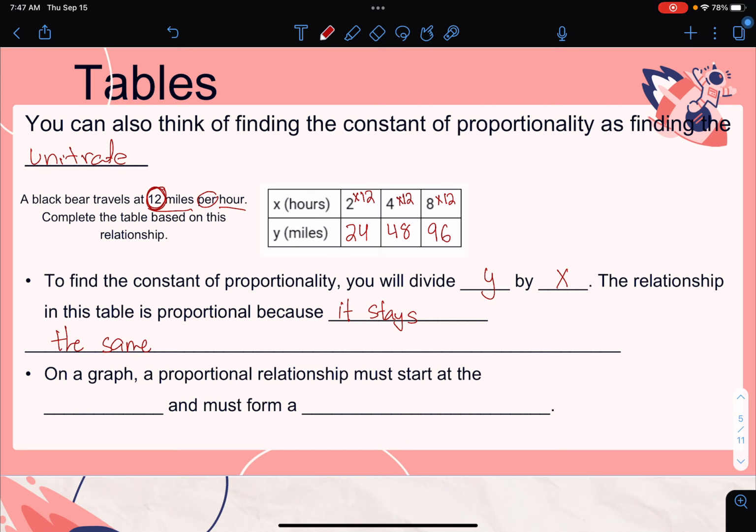On a graph, a proportional relationship must start at the origin and must form a straight line. So when we have a graph, it needs to start right here, and it can go up or down, but it needs to be a straight line.